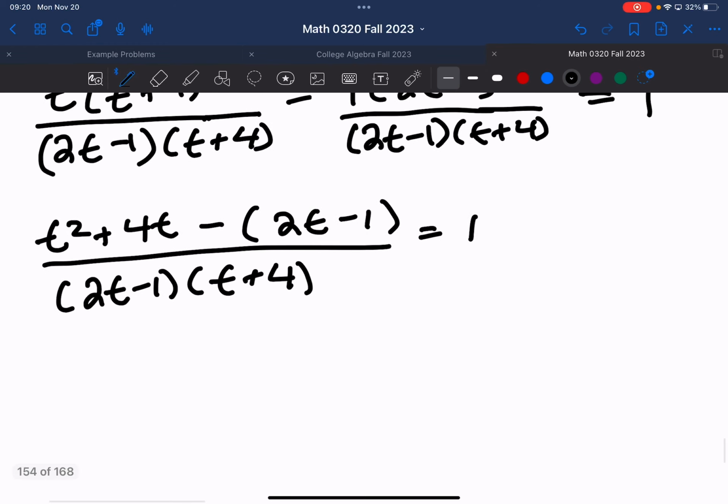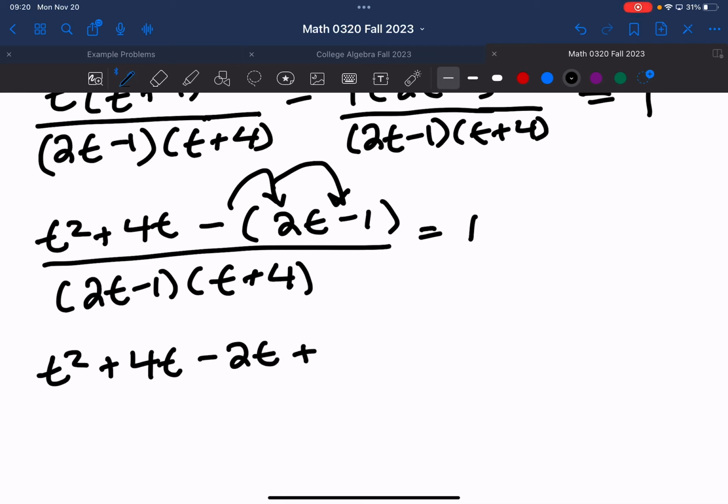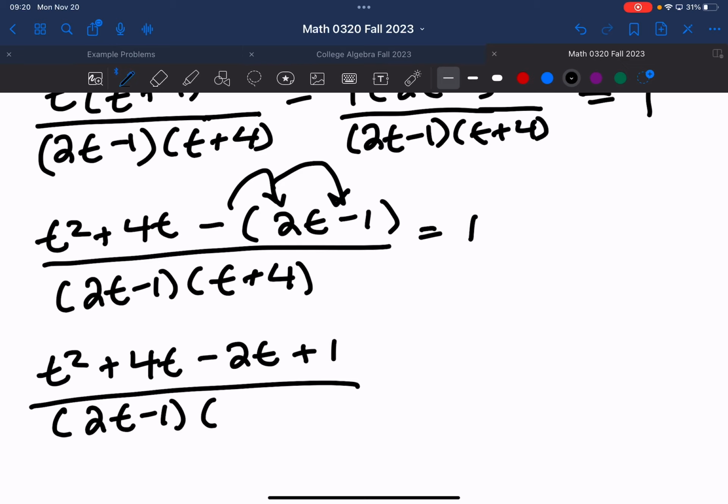Okay. Before I set my fraction equal to another fraction, I'm going to combine my numerators, so any like terms I have. So first I have to distribute that negative, and I get t squared plus 4t minus 2t plus 1 all over our common denominator.